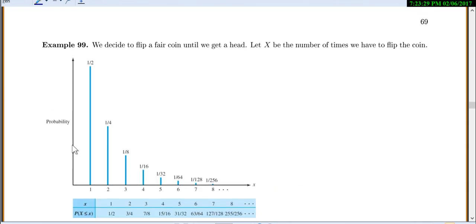Let's try another one. So in this example, now we decide to flip a coin until we get a head. Let's let x be the number of times we have to flip the coin. Notice we are going until we get a head, so we are interested in the first head. So x is the number of times we have to flip the coin.